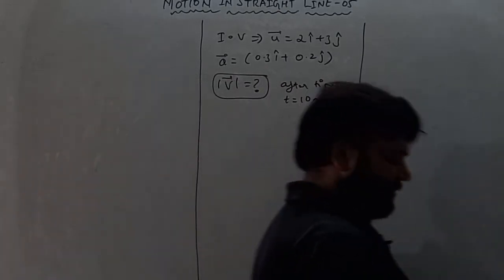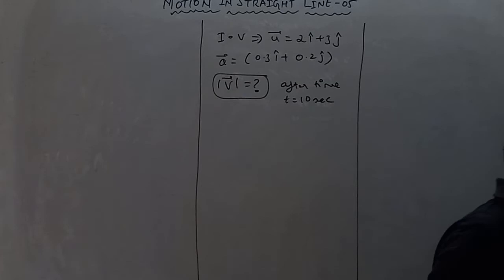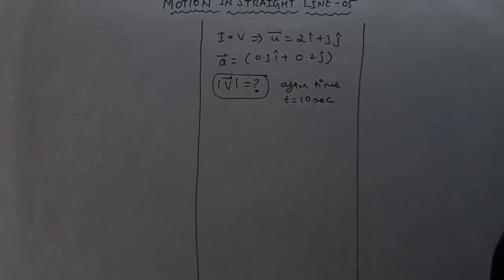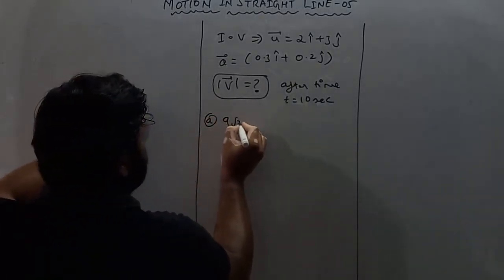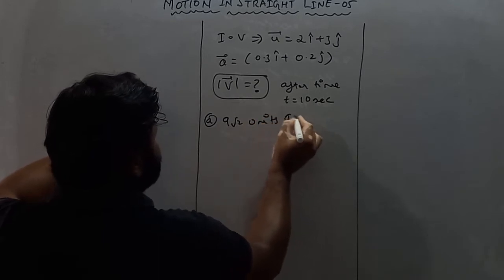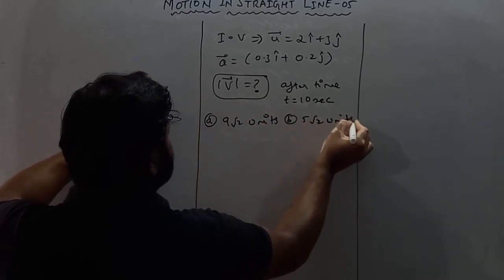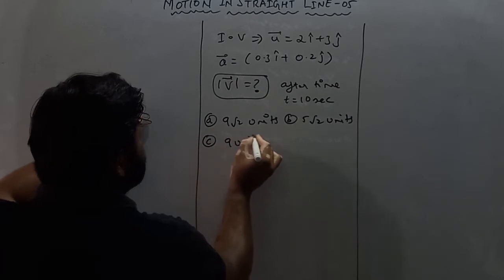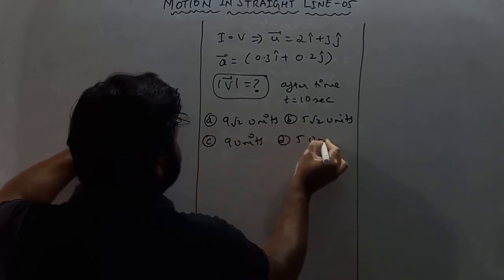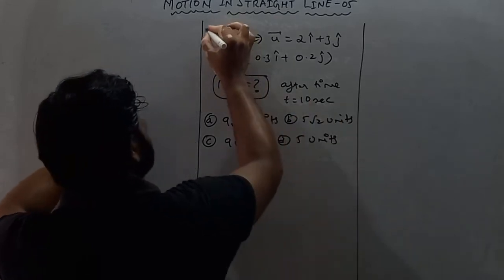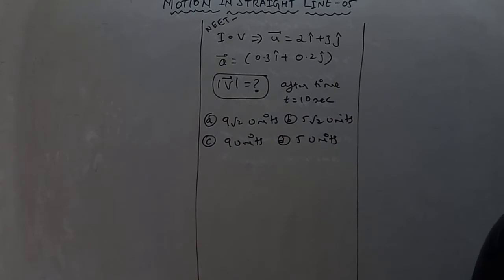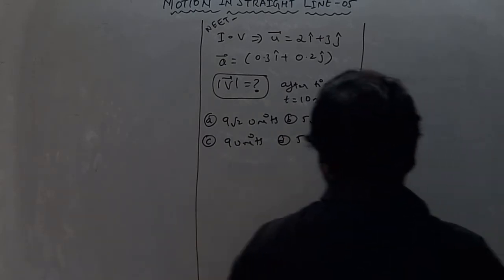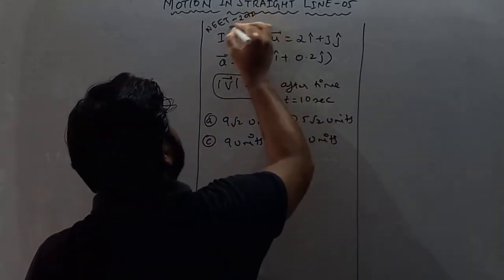The magnitude of velocity after 10 seconds will be: option A, 9 root 2 units; option B, 5 root 2 units; option C, 9 units; and option D, 5 units. This question was asked earlier in AIPMT, before NEET, in 2012.